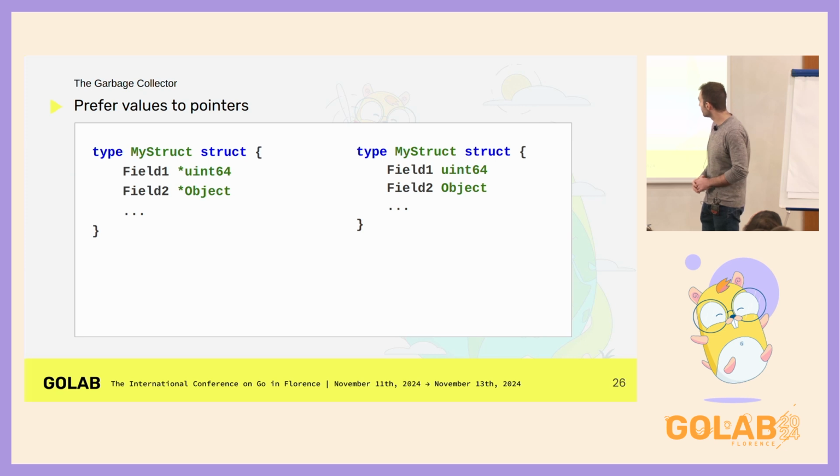On the right, we just allocate a myStruct object, and we get all the fields allocated in one go. And this is quite beneficial for the garbage collector, because it just sees one reference instead of three.